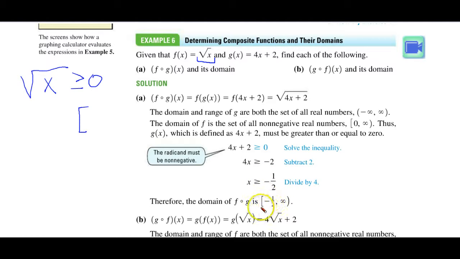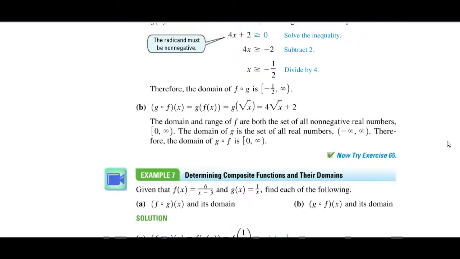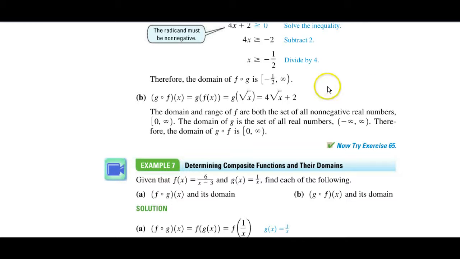And when we put that into interval notation, it looks like this. And I'm not going to go through all of it. You can look at that yourselves. I wanted to be sure you knew how to do it. And then reversing it. Again, your domain, 0 can be included because it's in the numerator.